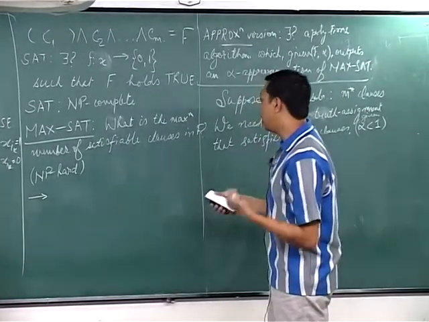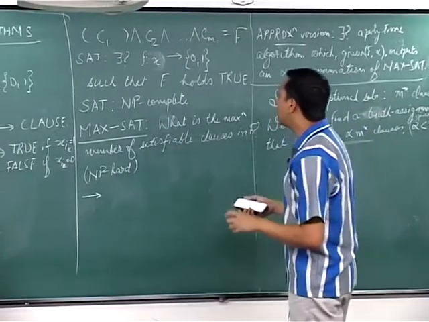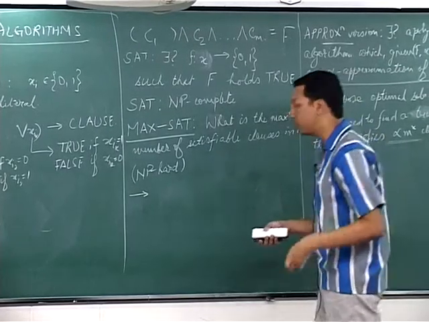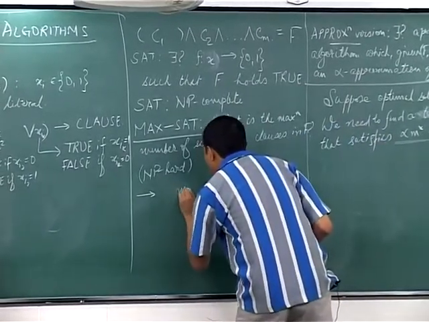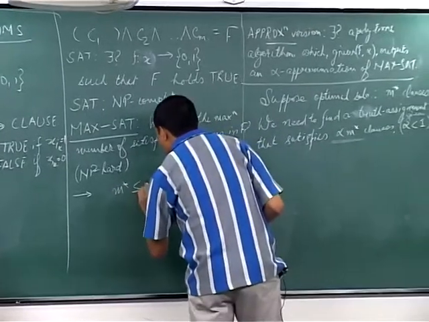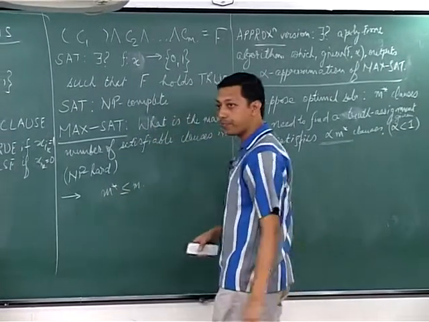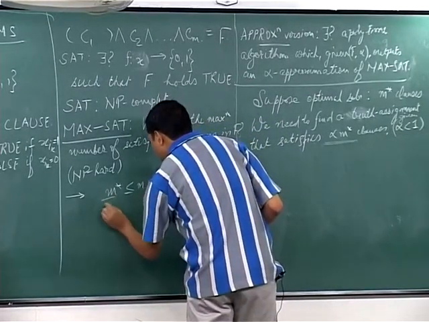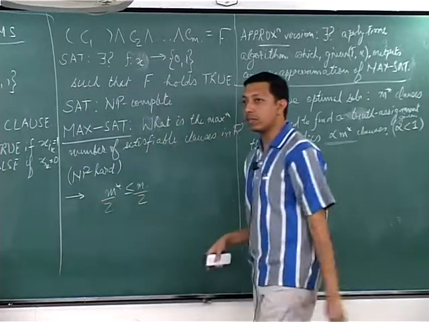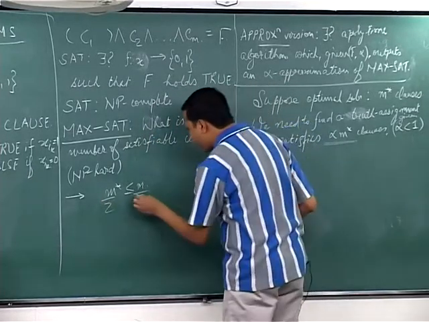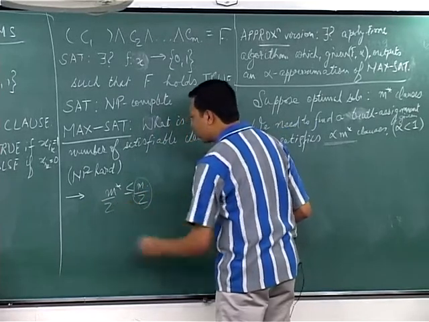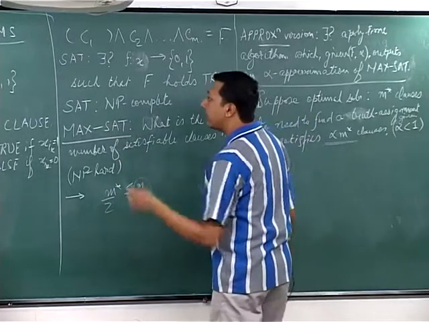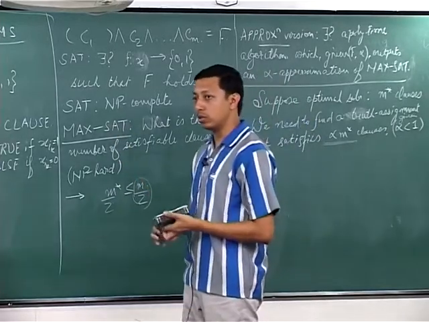As in, at least half the optimum number has been satisfied. If the optimum number is m star, then m star is at most m. What it means is that you have satisfied at least half the optimal number of clauses. So this idea gives you a 2-factor approximation algorithm.